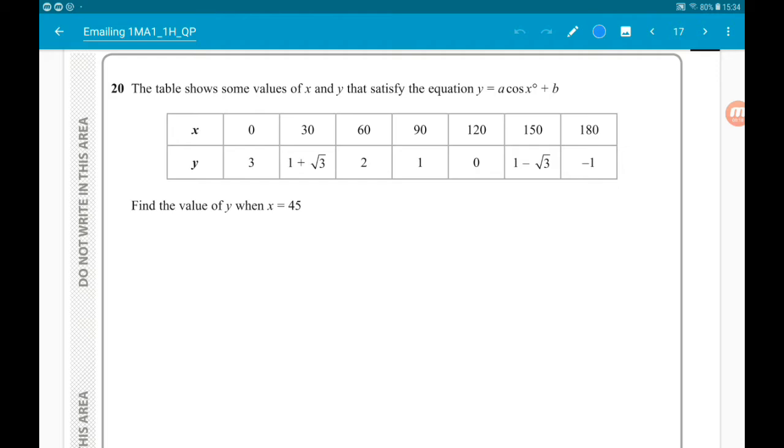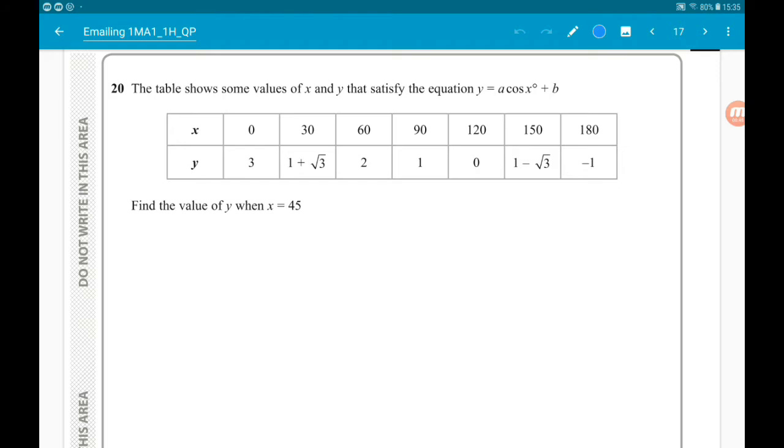So the table shows some values of x and y that satisfy y equals a cos x add b. Our job is to find the value of y when x is 45. So to do that, we need to find the values of a and b.